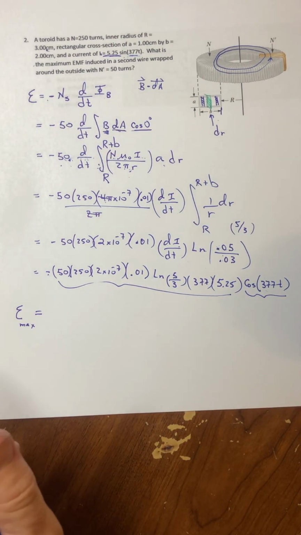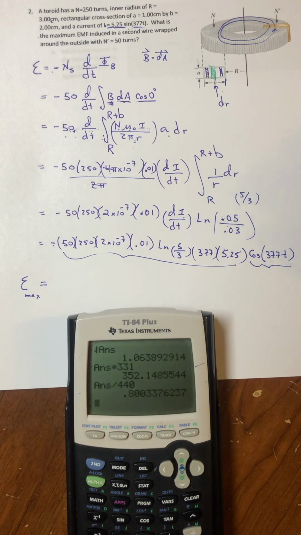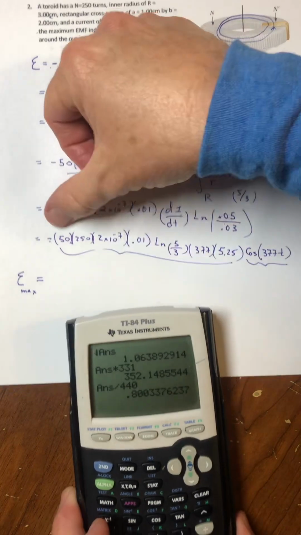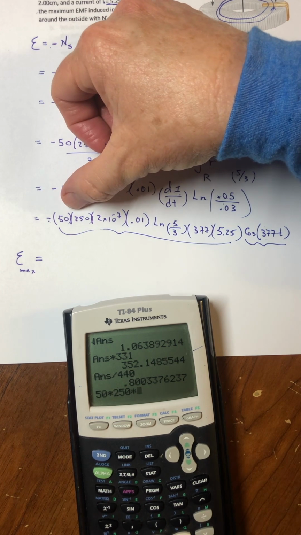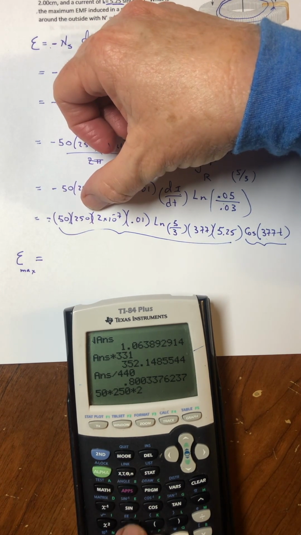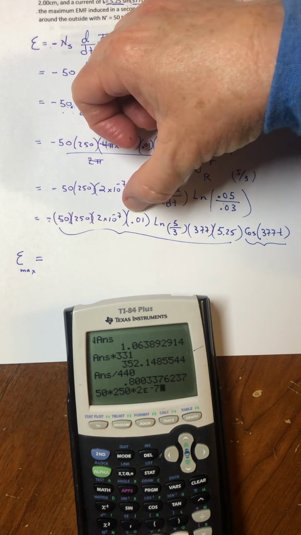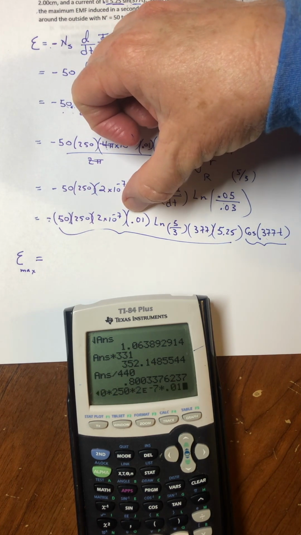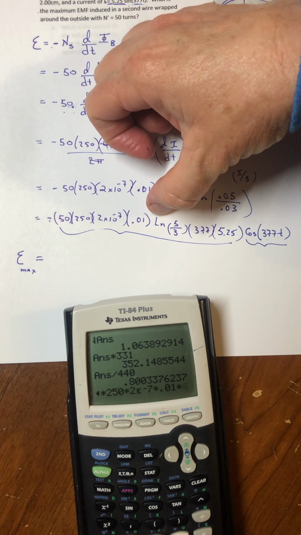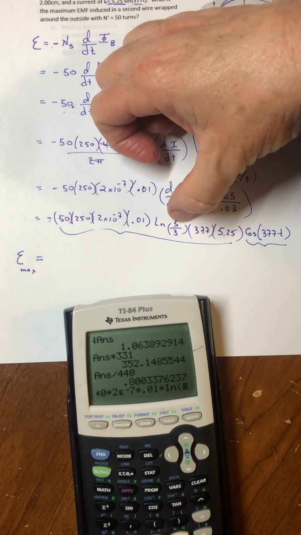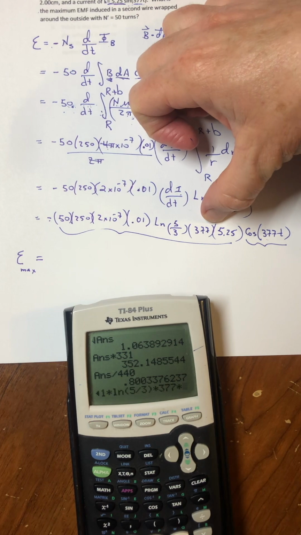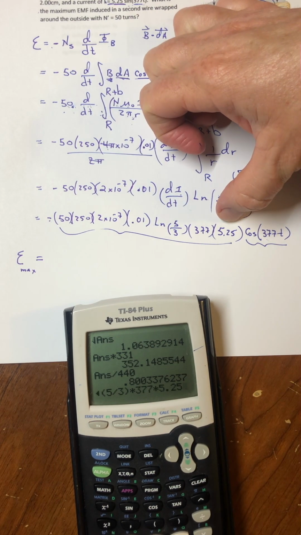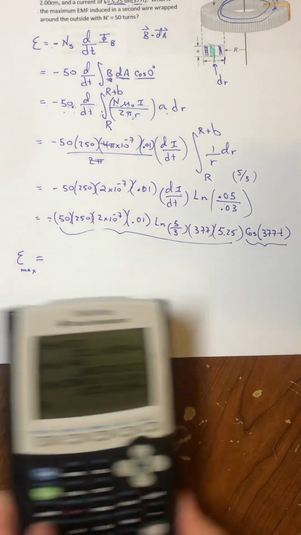So now I can finish up the problem by saying, all right, what is 50 times 250 times 2 times 10 to the -7 times 0.01 times a natural log of 5 over 3 times 377 and times 5.25.